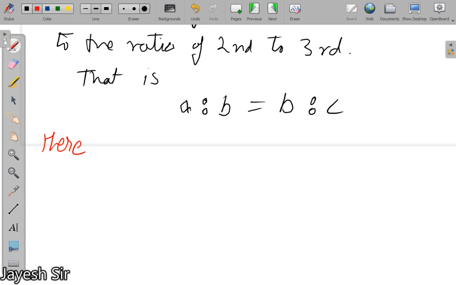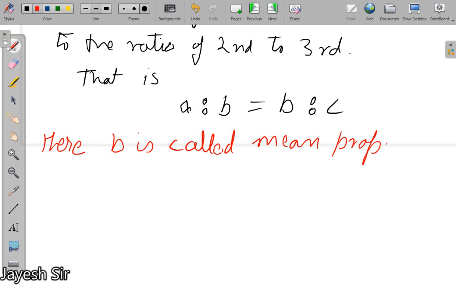Here B is called mean proportion, and the terms are called first term A, second term B, and third term C, the third proportional. We also have B square is equal to AC.